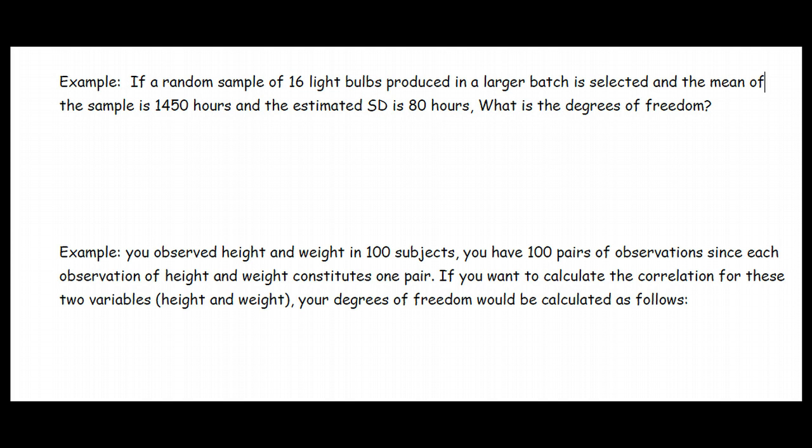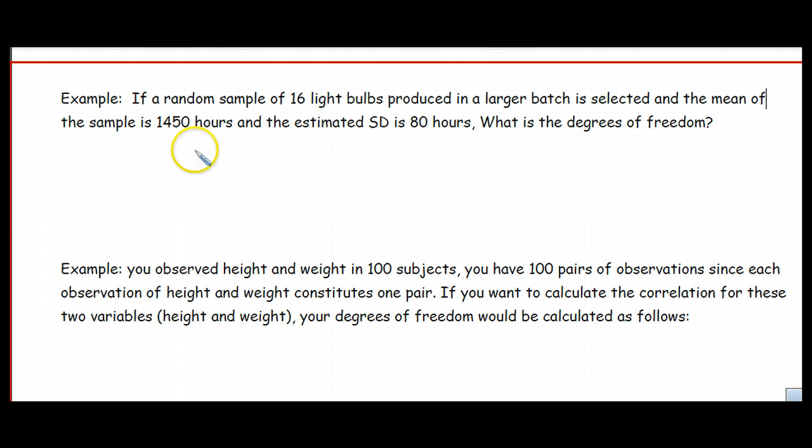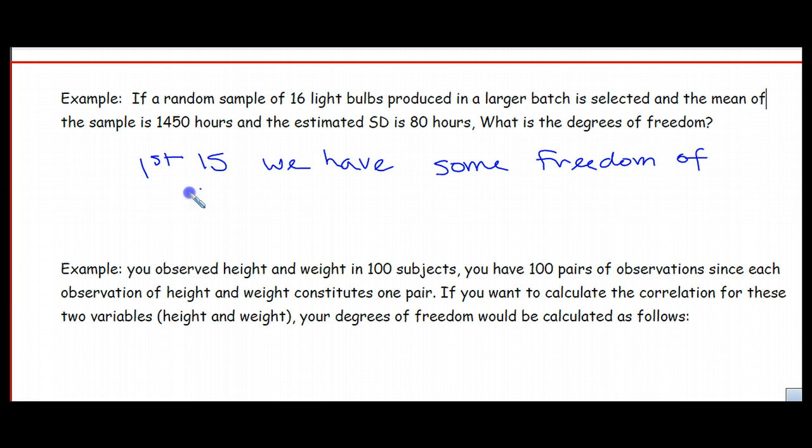And so, just like with the last one, for the first 15 we have some freedom of choice. Even on that 15th one, I have a few to choose from, but that 16th one, I don't have any choice, and that's why my degrees of freedom is going to be 15.